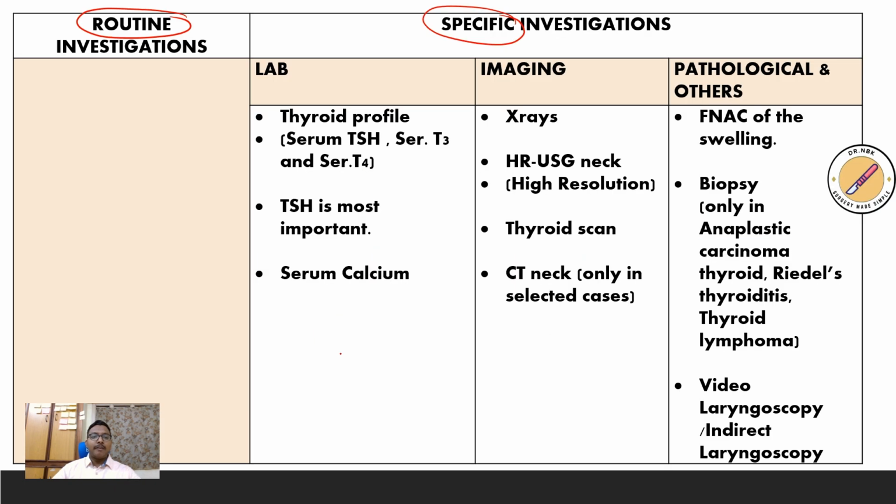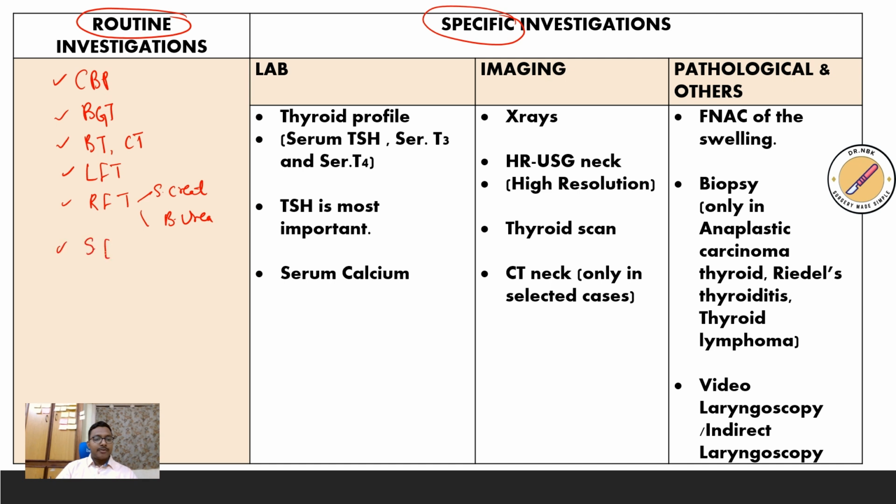In routine investigations, what are all the routine investigations done? Complete blood picture, blood grouping and typing, bleeding time, clotting time, liver function test, that is total bilirubin, direct bilirubin, indirect bilirubin, etc. Then renal function test, that is nothing but serum creatinine plus blood urea.